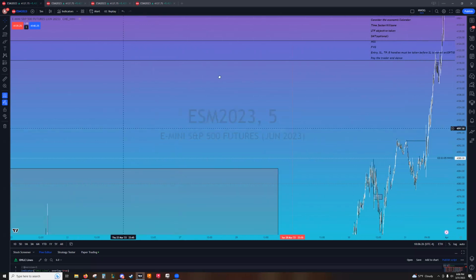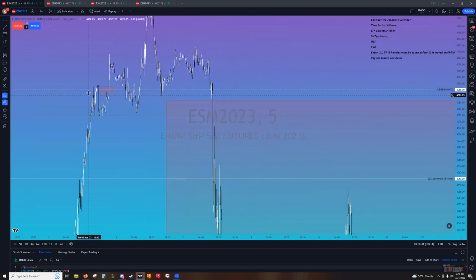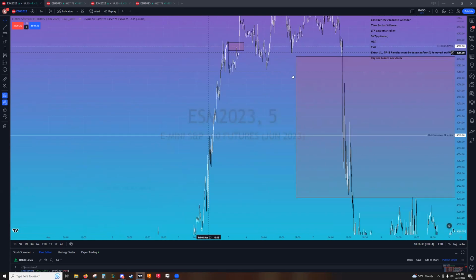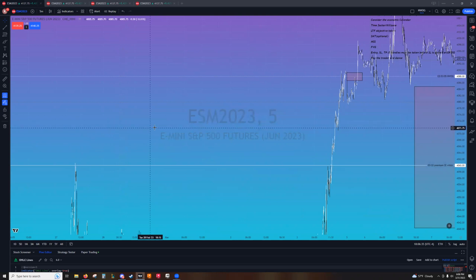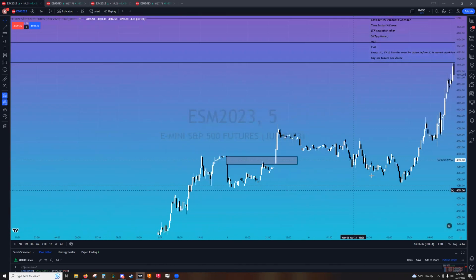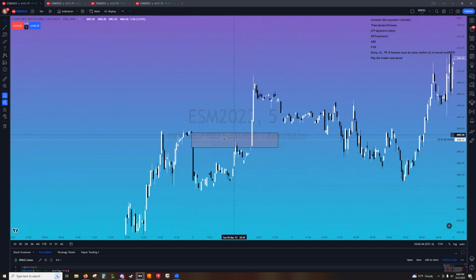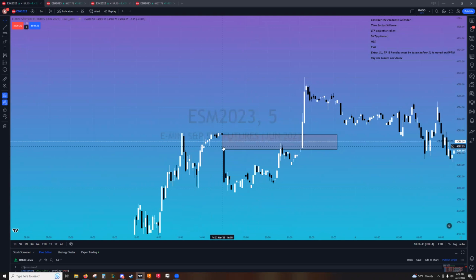So in this case, this goes all the way back to March 5th. This gap right here, the top of it being the end of the day Friday, the bottom of it being the start of the day Sunday. Or I think this is technically considered a Monday. I'm not sure.